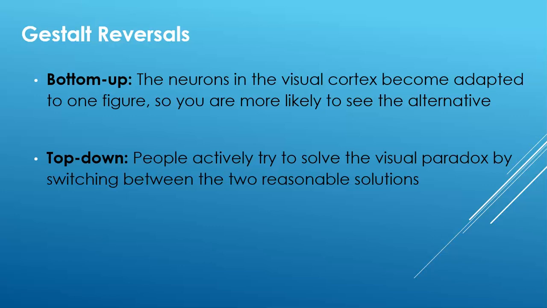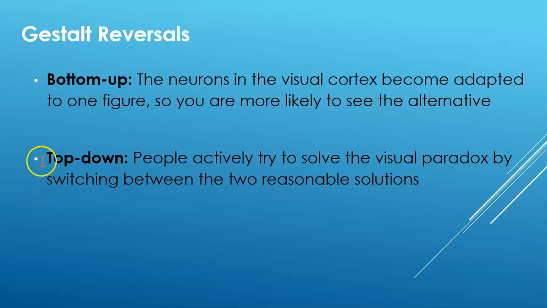So we've got bottom up, so this is where the neurons in the visual cortex become adapted to one figure, so you are more likely to see the alternative. And then top down is people actively trying to solve the visual paradox by switching between the two reasonable situations. So with top down, you're able to switch very easily from one version to the other.